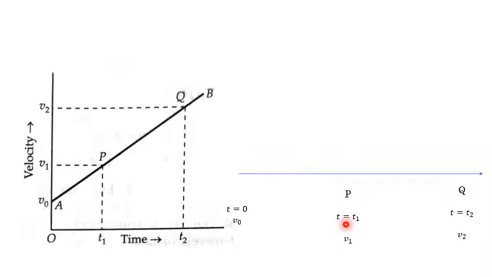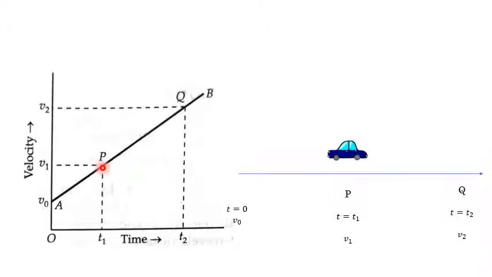So initially the particle had a velocity v0. After some time, let us say this time, the particle has increased its velocity to v1, and we represent this at this point. This one represents your v1 and this one represents your time t1, which is represented by a point P.